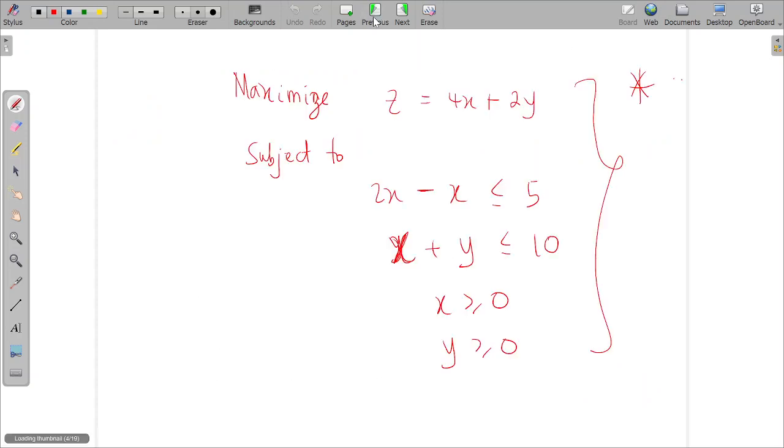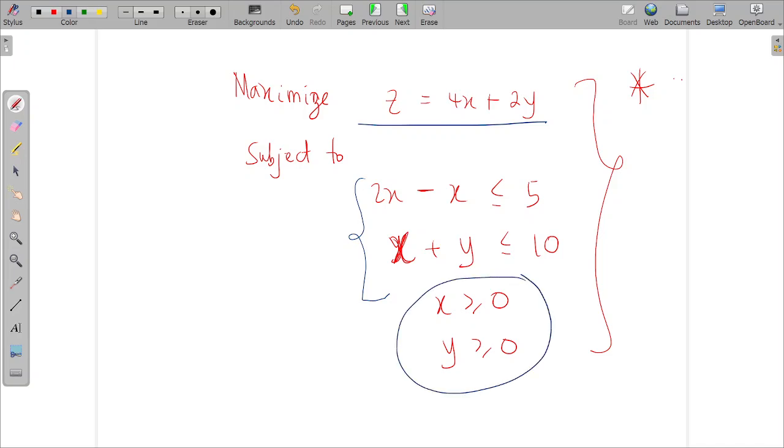So from the word problem, you are going to determine your objective function, and then you are going to be determining these ones: x greater or equals to 0 and y greater or equals to 0, because the real world problem you are dealing with is non-negative. It's not negative. So you are going to be adding this to all your formulations.